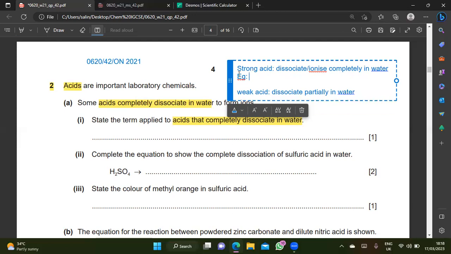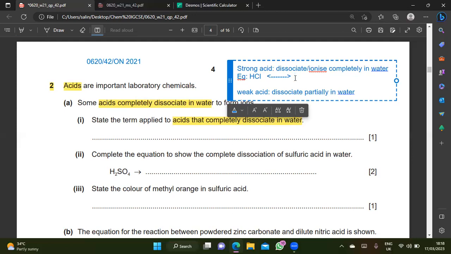For example, hydrochloric acid is a strong acid, HCl. Now, dissociate in water, we have to use the two arrows. I cannot type the reversible arrows, so I'm just going to type it like this. It should be reversible, the two arrows.